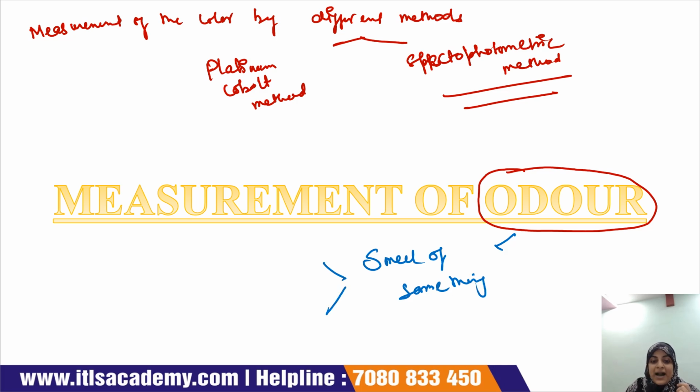Maybe it is a bad smell, bad odor, or maybe a good odor, a good smell. So after measurement of the color, the second most important thing is the measurement of odor of the water sample, because the smell of something also attracts the consumer.